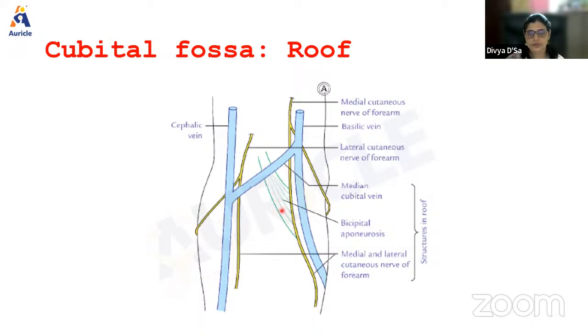This is one more structure which you will see here. If you go from medial to lateral, it is the medial cutaneous nerve of forearm, then the basilic vein, then the median cubital vein, the lateral cutaneous nerve of forearm, then the cephalic vein.